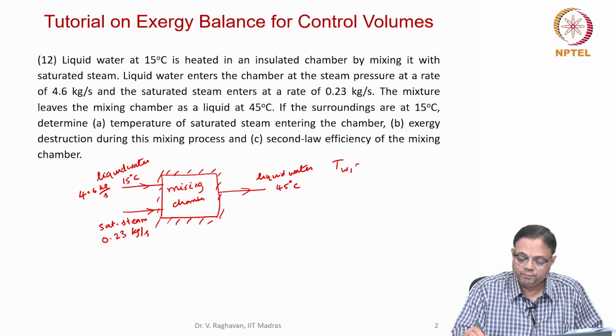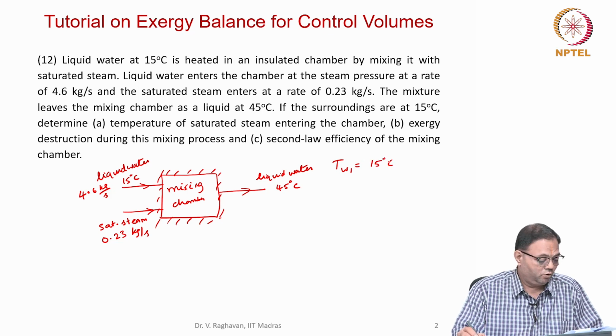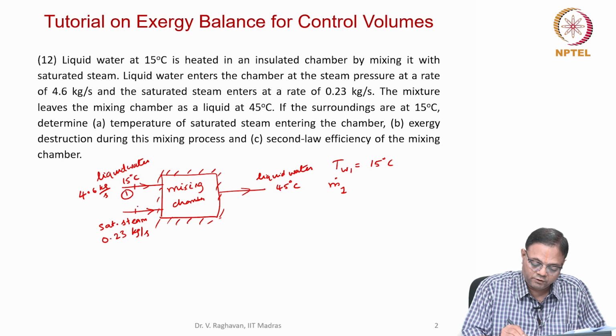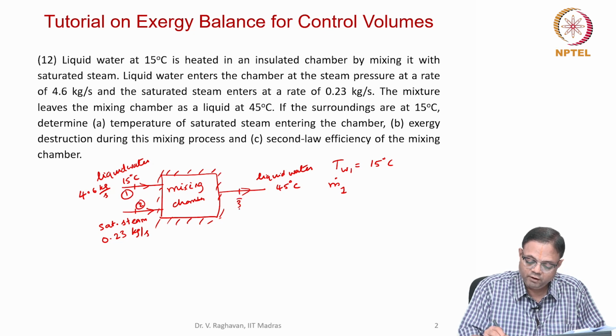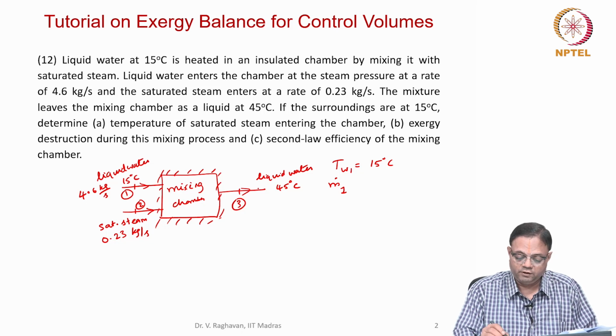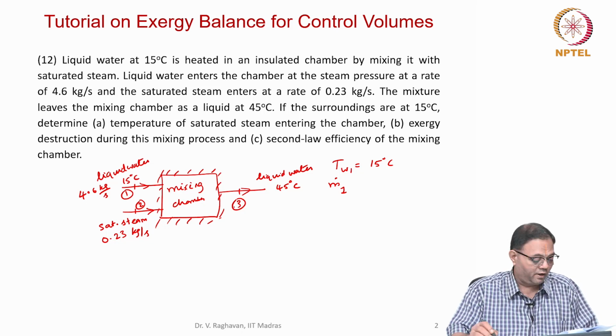The liquid water temperature at inlet, you can say 15 degrees centigrade, and this is stream 1 and this is stream 2 and the mixture coming out is stream 3. The streams are numbered 1, 2, 3 accordingly.